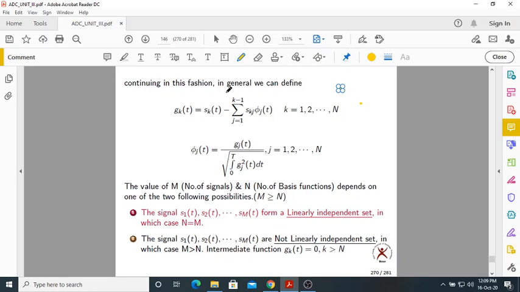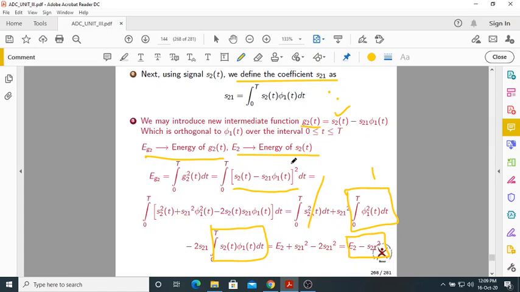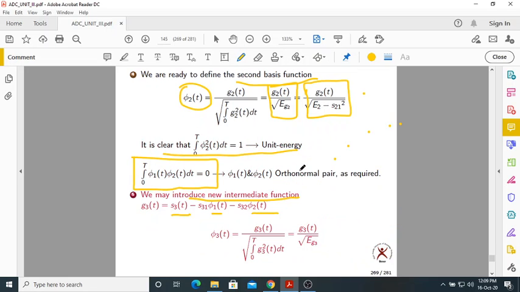Generally, how to define the next intermediate function, g4 of t? Here, what have we defined g2 of t as? S2 of t minus s21 phi1 of t. Correct? G3 is s3 of t minus s31 phi1 of t minus s32 phi2 of t. How to define g4?